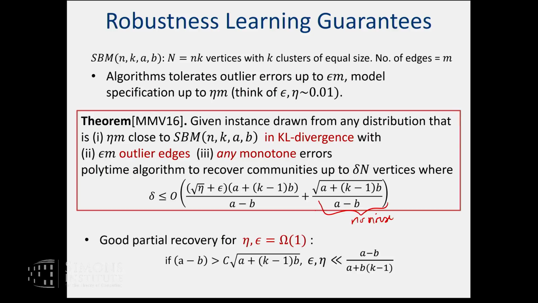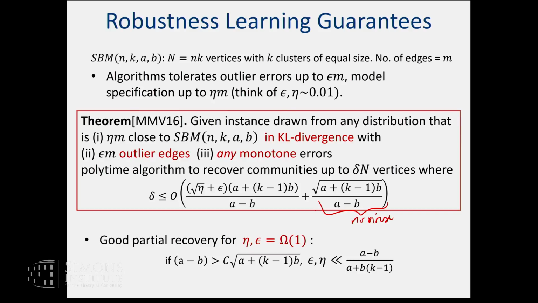So you can tolerate a constant fraction of outlier edges, eta times m distance in KL divergence, and any amount of monotone errors in the Feige-Kilian form. And what we can show is that you can recover the communities up to eta accuracy, where eta has this form.